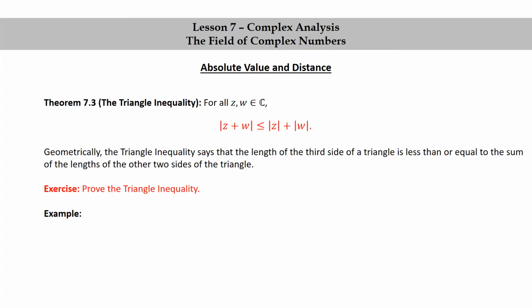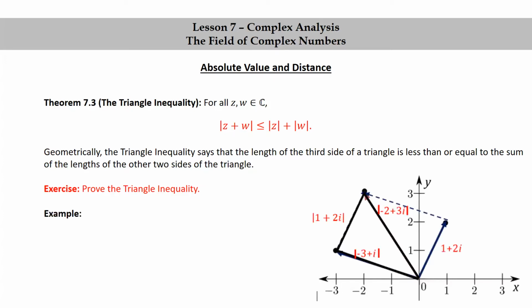Let's look at an example. Here we have a picture of some vectors. We see 1 plus 2i plus -3 plus i, and then using the geometry with the parallelogram, we get the vector -2 plus 3i.